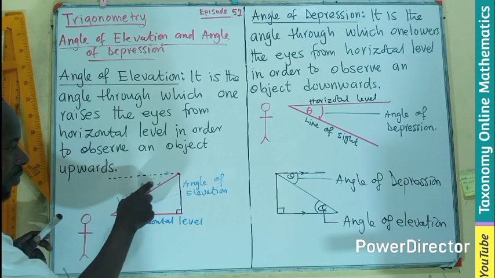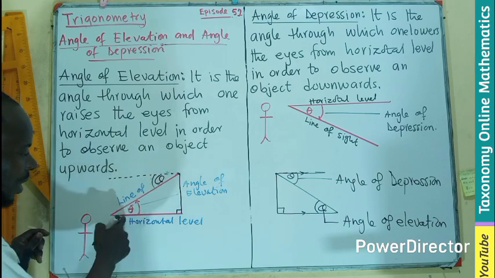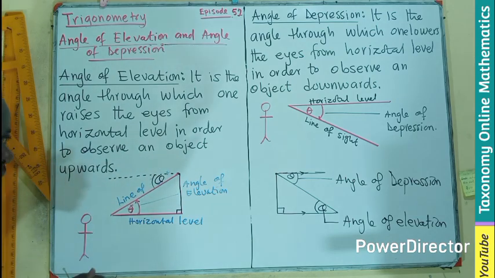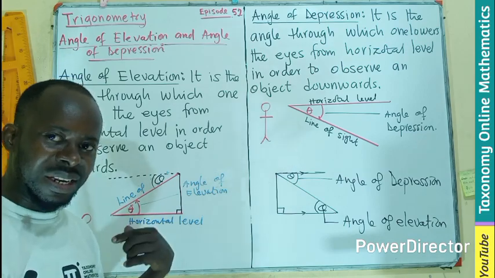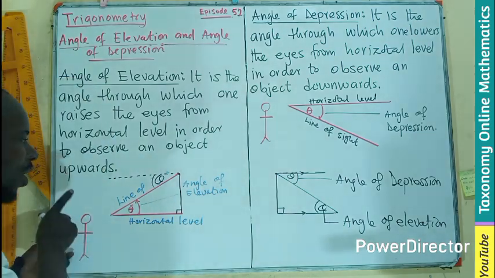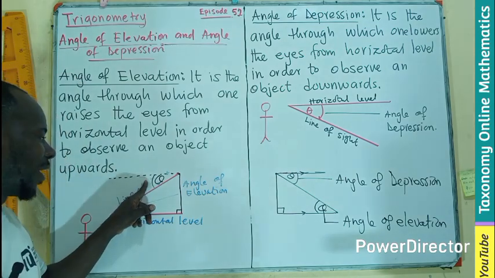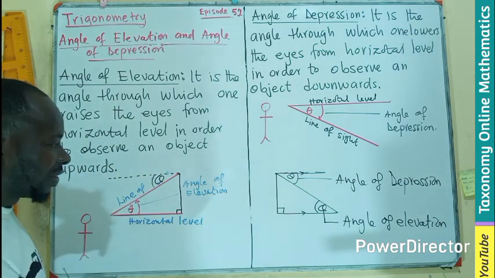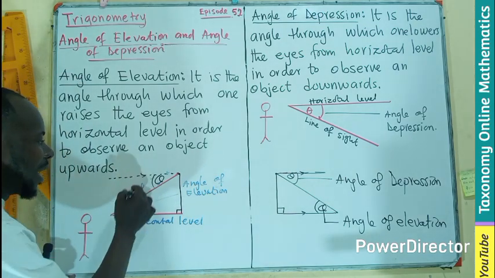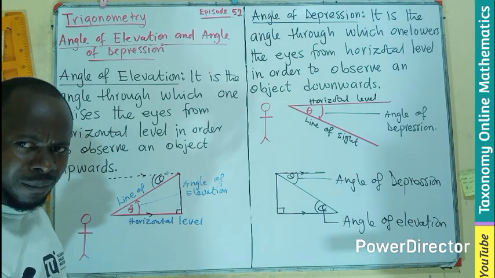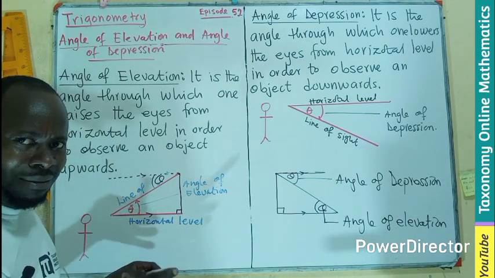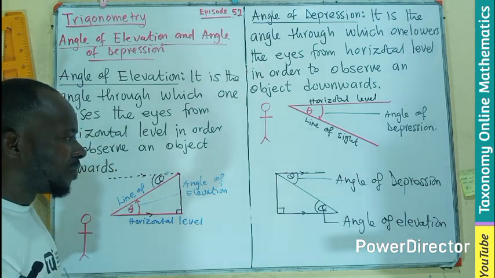So this angle here will be the same as this angle. So you can see that the bird will be forming angle of depression, the observer will be forming angle of elevation, but the value will be the same because this angle automatically is the same as this because this line is parallel to that line. I guess the concept is clear when it comes to angle of elevation.